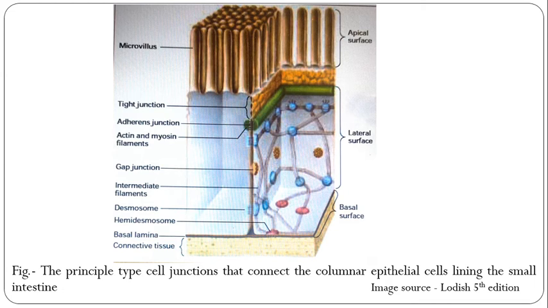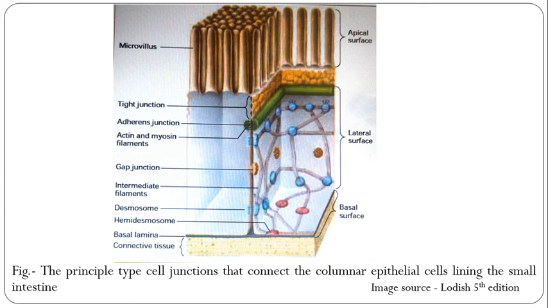Then the desmosomes, of different types, spot desmosomes and others. Lateral, pink in color, are hemidesmosomes, and the lower part is the basal surface, with the basal lamina, and next is connective tissue.